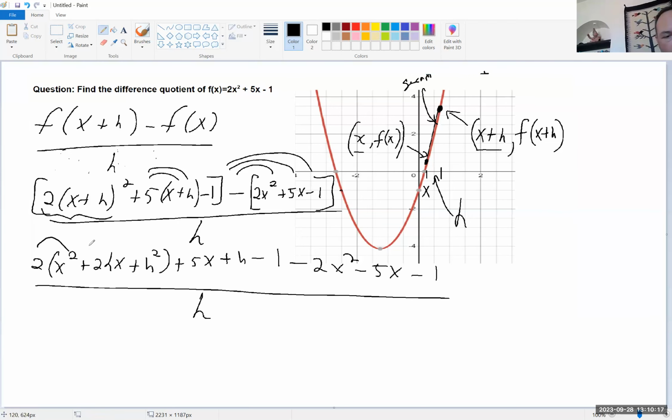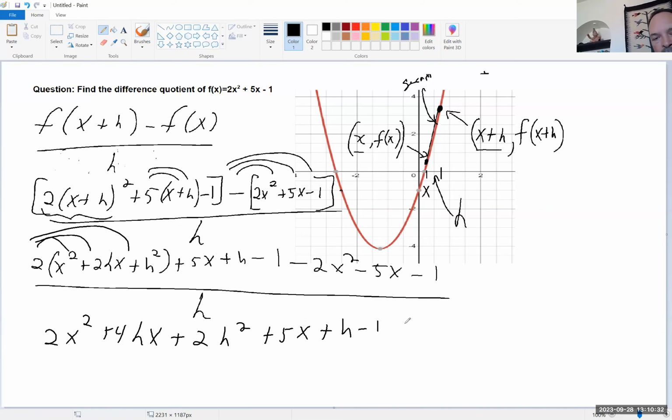I have to distribute the 2. So it's 2x squared plus 4hx plus 2h squared plus 5x plus h minus 1 minus 2x squared minus 5x minus 1.